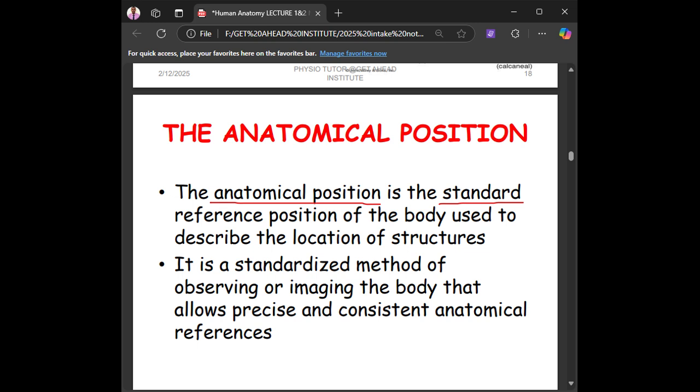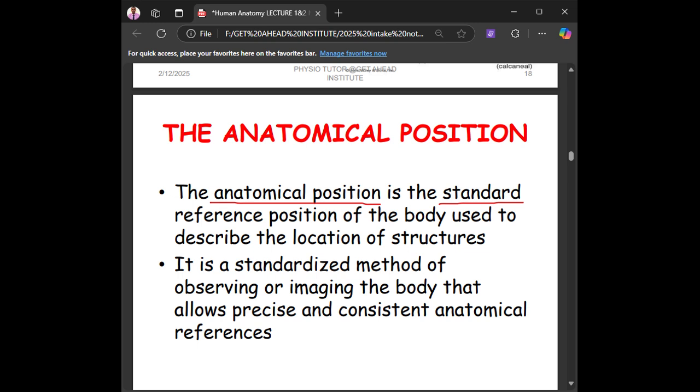Also bear in mind that when looking at a person in the anatomical position, their right side will be on your left. Very important to take note of that.